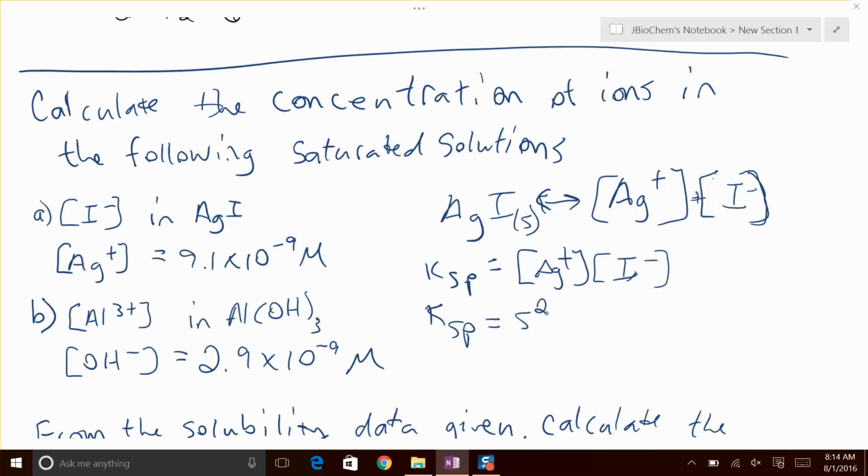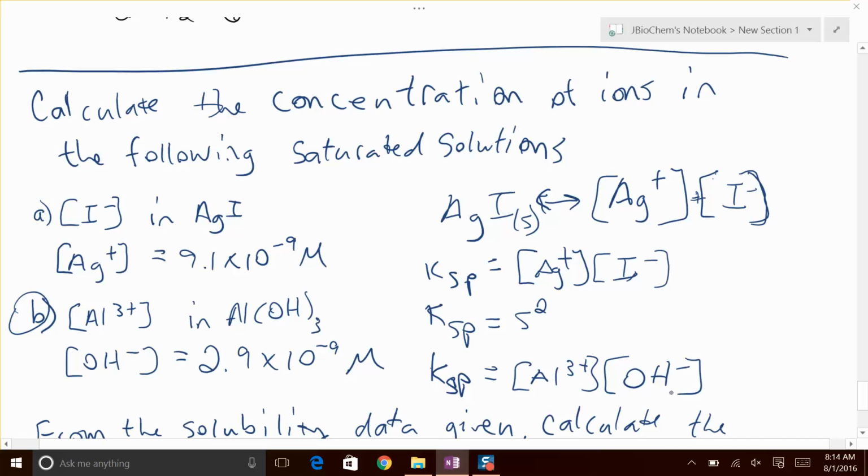Okay, what is the KSP equal to here for B? KSP equals what? The concentration of Al3+ times the concentration of OH minus, is that to the third? Cubed. Is it? So it doesn't go by the coefficient, it goes by how many? It does go by the coefficient, because let's rewrite it this way.